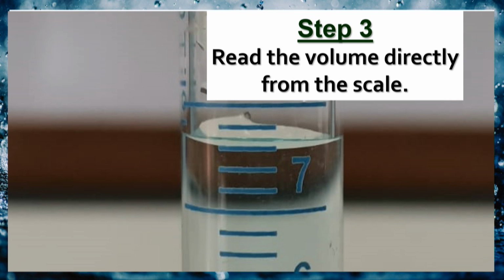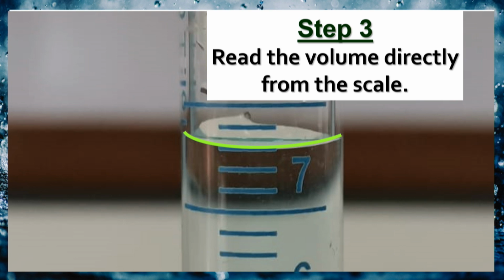We notice that at the surface, the water level is not straight. In fact, the liquid surface curves downward. This curved surface formed by a liquid is called a meniscus. The meniscus curves downward.